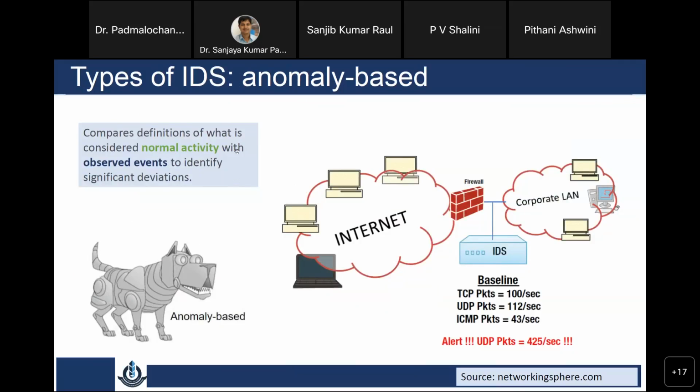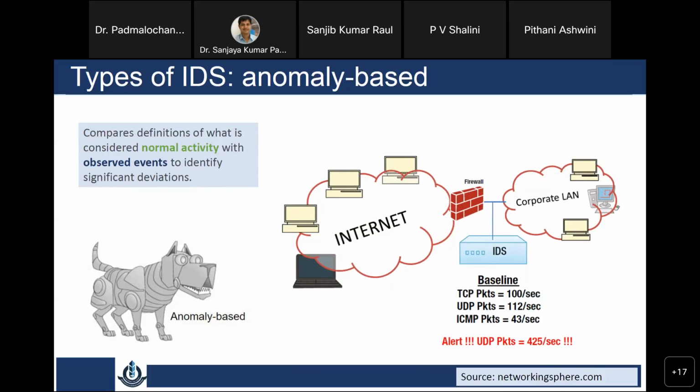Here we analyze the behavior. The IDS analyzes the behavior of the packets or of the software, and it sees if any event happens which is a deviation from normal activity. We know what the functionality of a router is, what the functionality of a web server is, what the functionality of a particular system is.